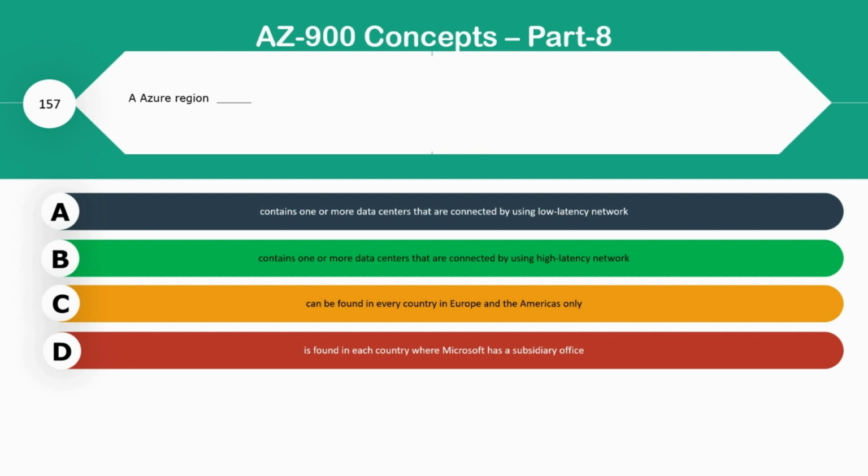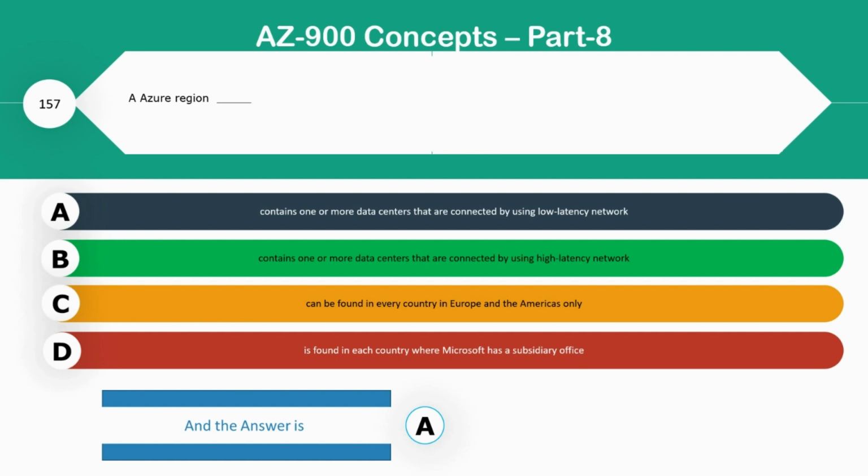The difference between option A and option B is that in option A we are using low latency, in option B we are using high latency. Option C can be found in every country in Europe and the Americas only. Option D is found in each country where Microsoft has a subsidiary office. The right answer for this question is option A.